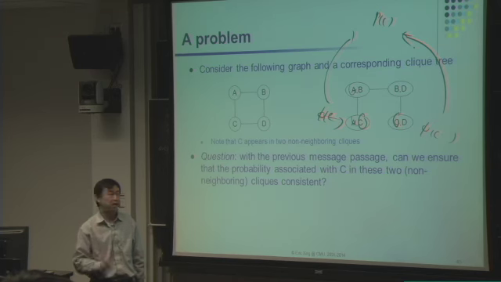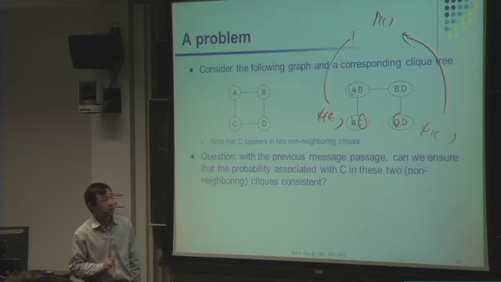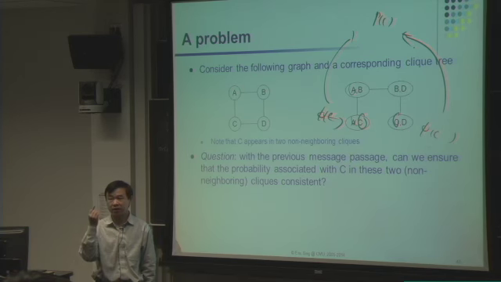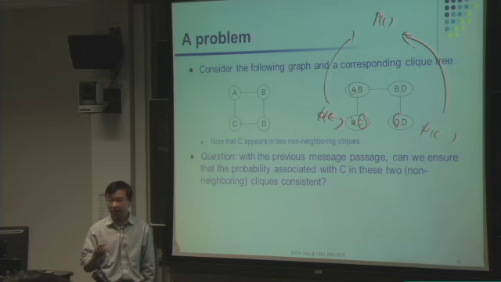It lacks a very important property with many different names. The property is known as something called a junction tree property, or something also called a running intersection property, or something also called a triangulation property.